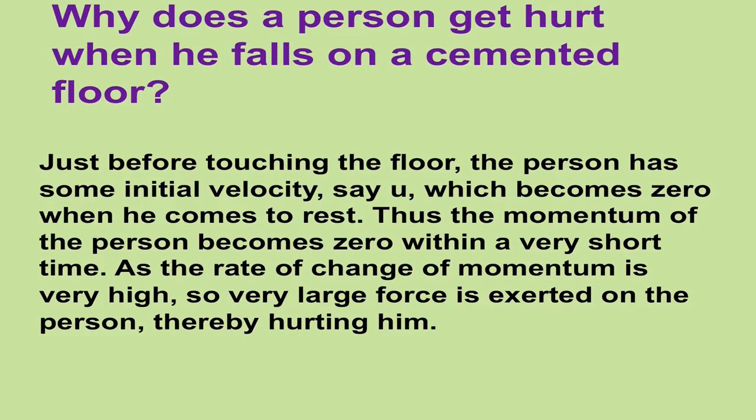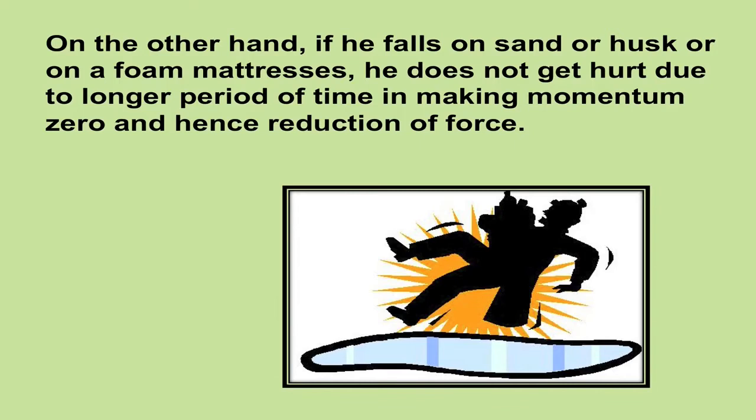As the rate of change of momentum is very high, a very large force is exerted on the person, thereby hurting him. On the other hand, if he falls on sand or husk or on a foam mattress, he does not get hurt due to the longer period of time in making momentum 0 and hence reduction of force.